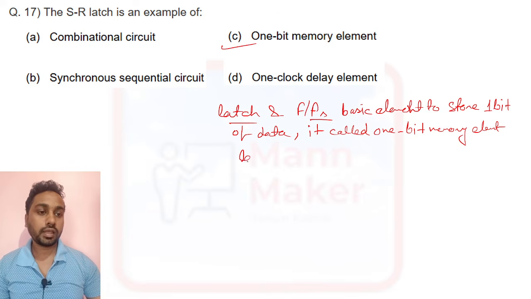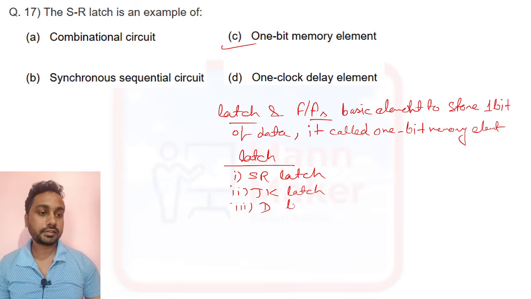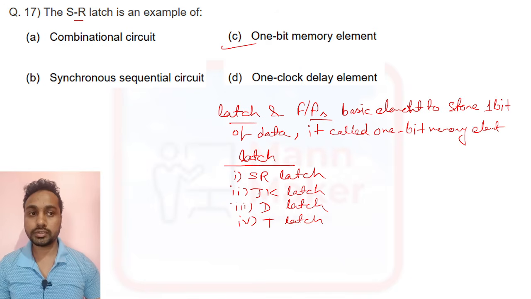And we have 4 types of latches. First one is SR latches, JK latches, D latches, and T latches. So if a question asks about JK latches, D latches or T latches, each is also a one bit memory element.